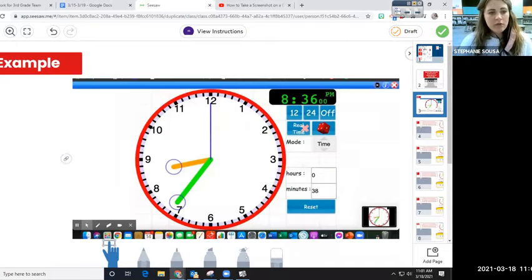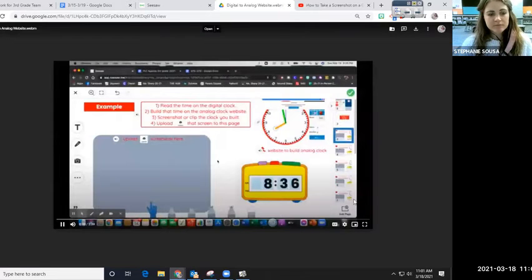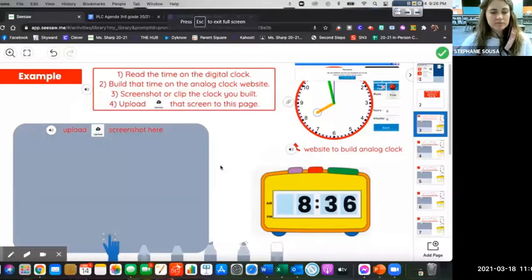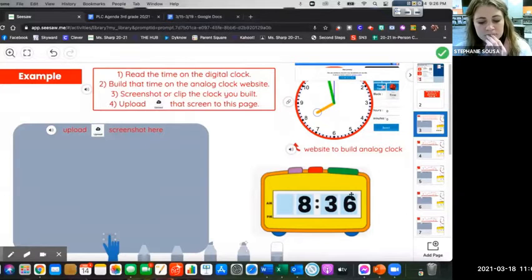Alrighty. So this is an example of what you are going to do today. Okay, this is going to show you how you are going to create your screenshot of your analog clock. For today's lesson, we are going to be taking a digital clock, reading it, and building that time on an analog clock using our interactive clock website.